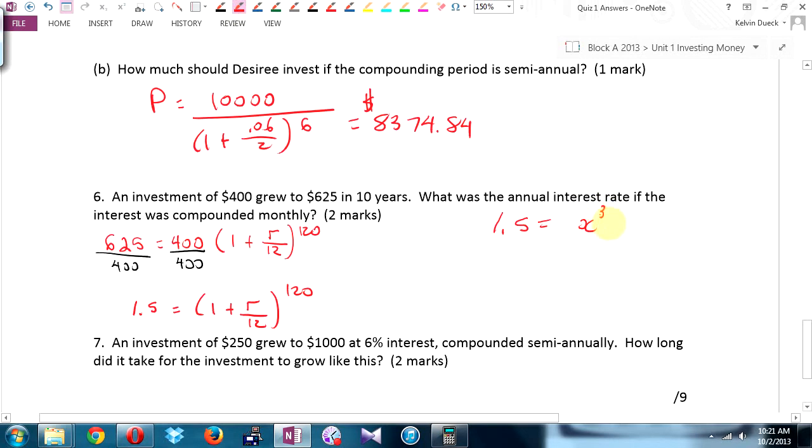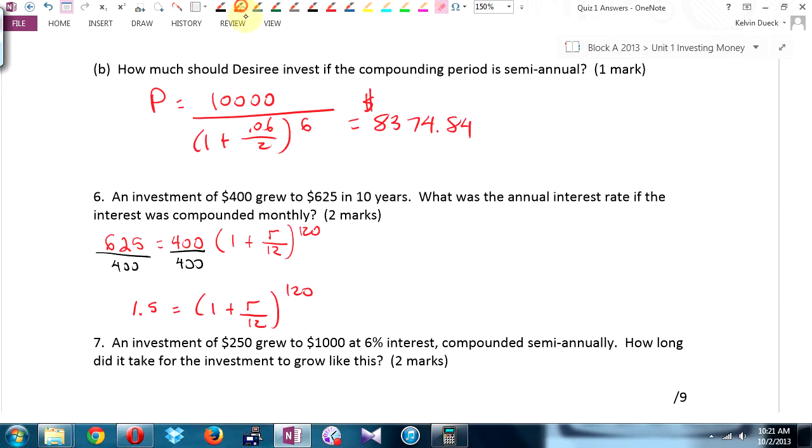Cube root. If I had this, how will I get rid of the 120 to get the x by itself? You're going to do the 120th root, and this is why you have calculators. Really, the main reason scientific or graphing or any calculators were invented was dealing with roots and exponents, because there are no shortcuts for that aside from using slide rules and logarithms.